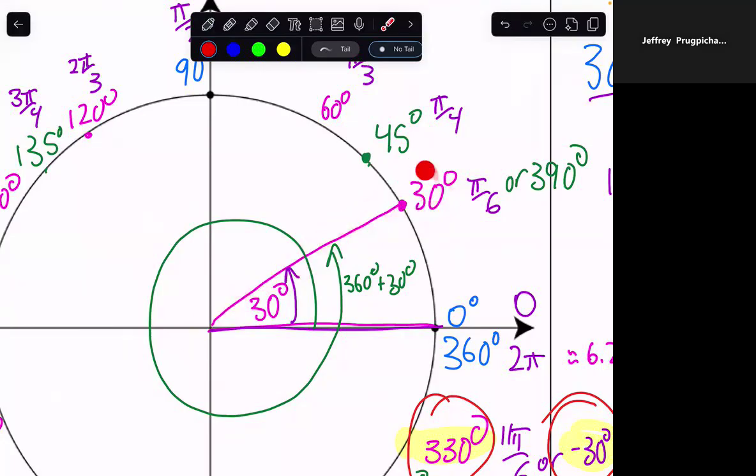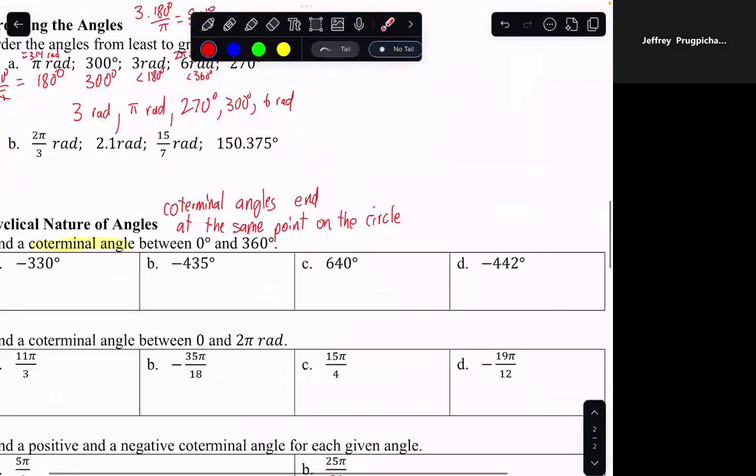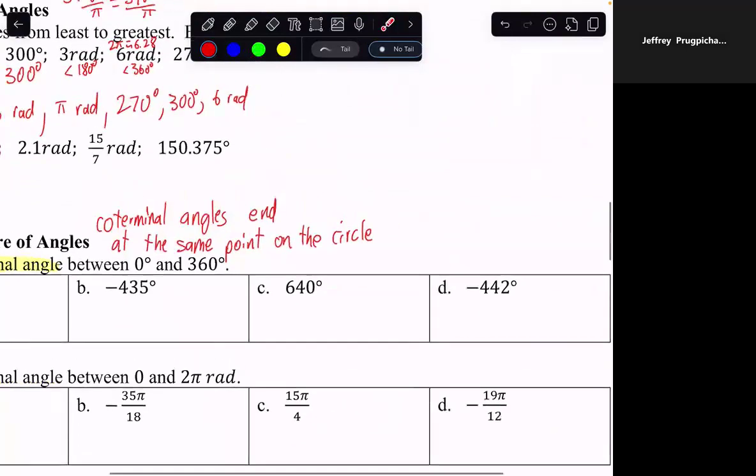Basically, what we did was add a full circle to the initial angle. So that's the general strategy. To find coterminal angles, you can either add or subtract a full circle. I'll write that down.